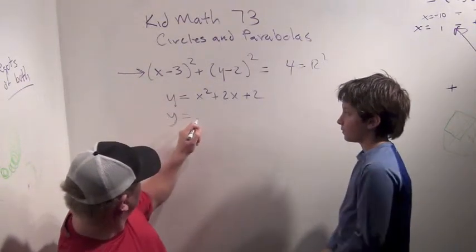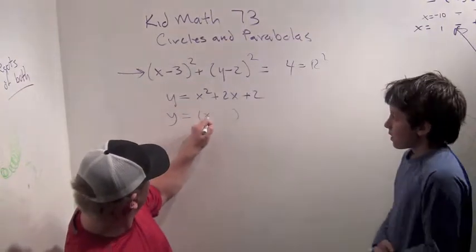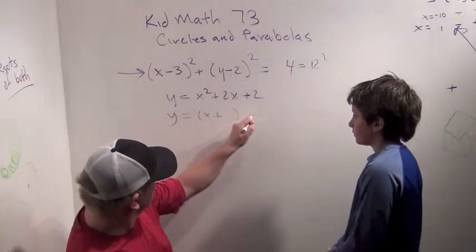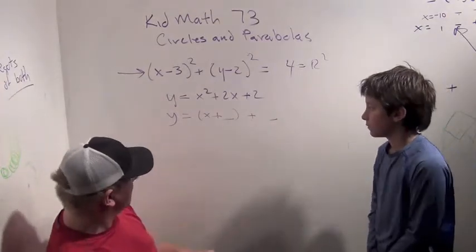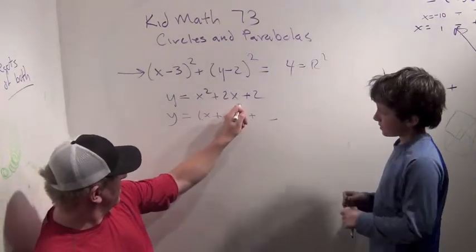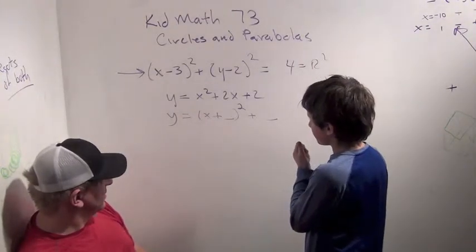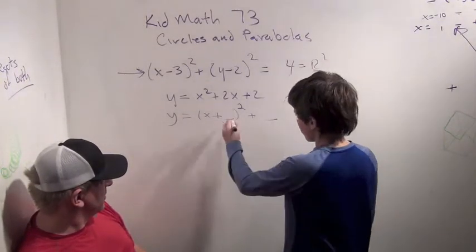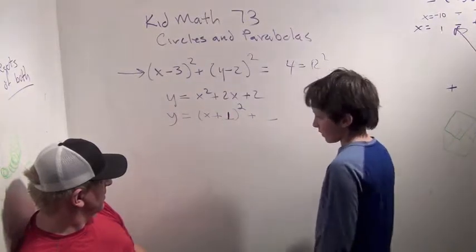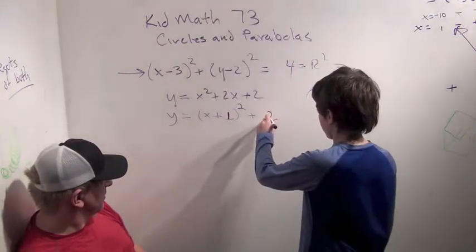So this equation is y equals x plus something squared plus something. Can you fill in those blanks? Let's see, it's x plus 1 squared plus 2.